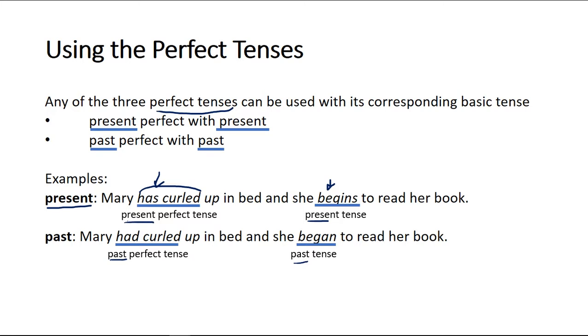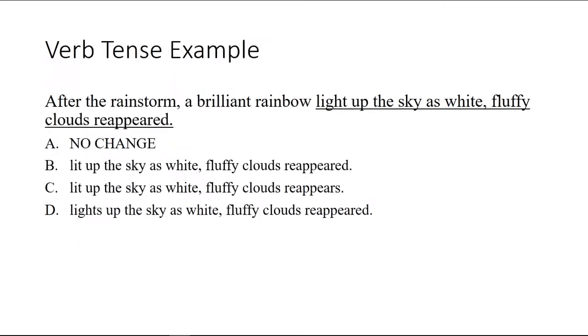Okay, let's move on to another example, and this is a sample test question. After the rainstorm, a brilliant rainbow light up the sky as white, fluffy clouds reappeared. So the first step is to look for a verb tense clue within the question stem.